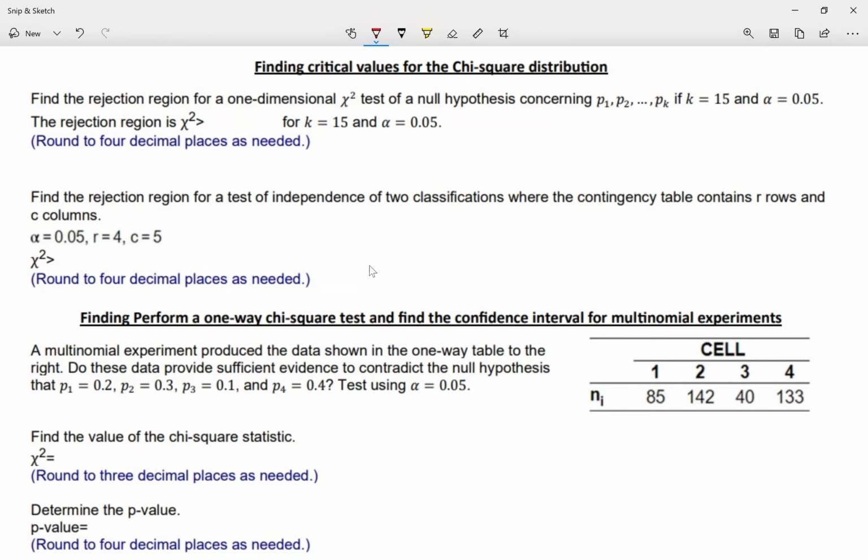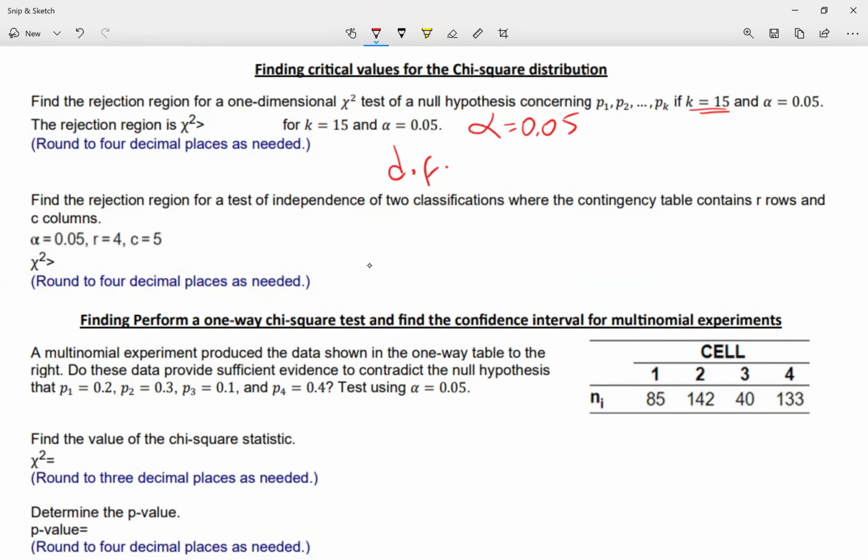So let's see. I know my table had alpha, so let me identify the value of alpha. My value of alpha in this case is 0.05. And I remember the table had something about degrees of freedom. Let me abbreviate this with DF, degrees of freedom. Now I see a value of 15. K is equal to 15.